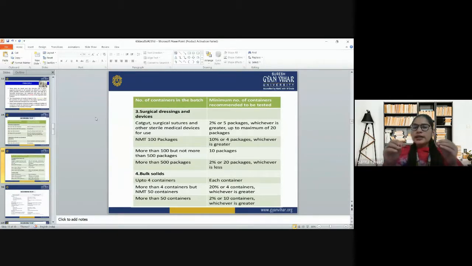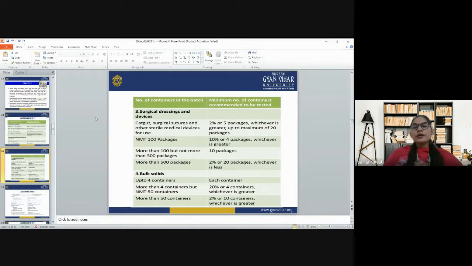If there are not more than 100 packages, we have to take 10% or 4 packages, whichever is greater. If more than 100 but not more than 500 packages, we have to take 10 packages for sterility testing. If there are more than 500 packages, we have to take 2% or 20 packages, whichever is less.